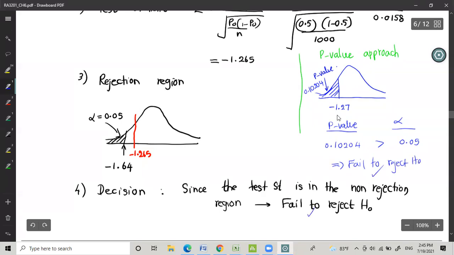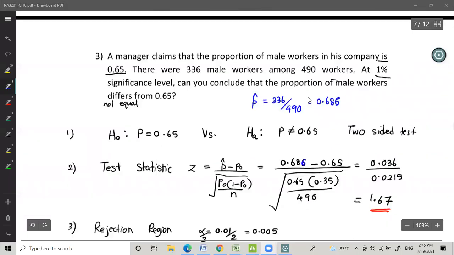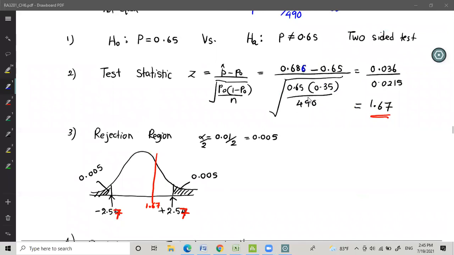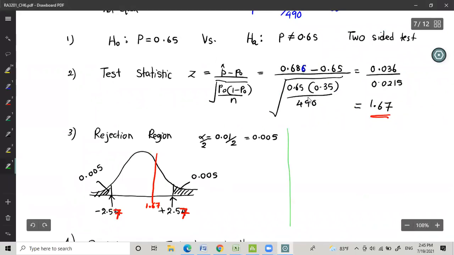So let's quickly do the two-sided test also. In the two-sided test, how do you get the p-value? Now it is a two-sided test, so you have to have the p-values from both tails. What is the test statistic?